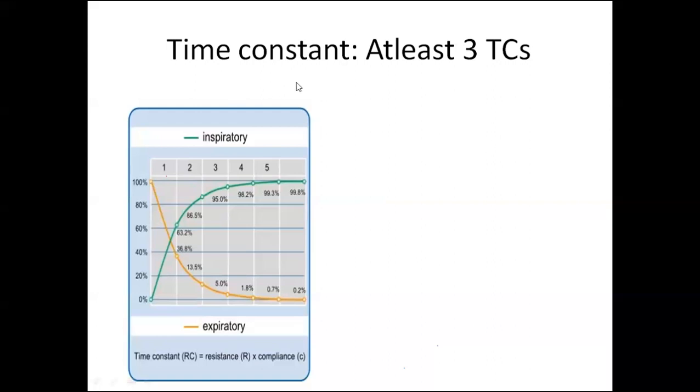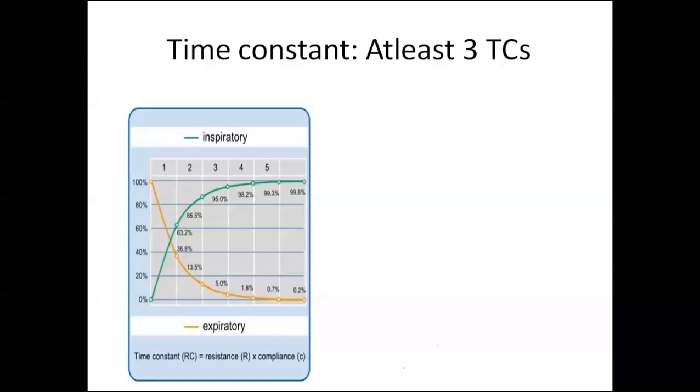Say you have a tidal volume of 1 liter, how much time is taken to move 630 ml is one time constant, and the second time constant is how much time to move 860 ml, and the third time constant is how much to move 95%. So our main target is at least to give 3 time constants.